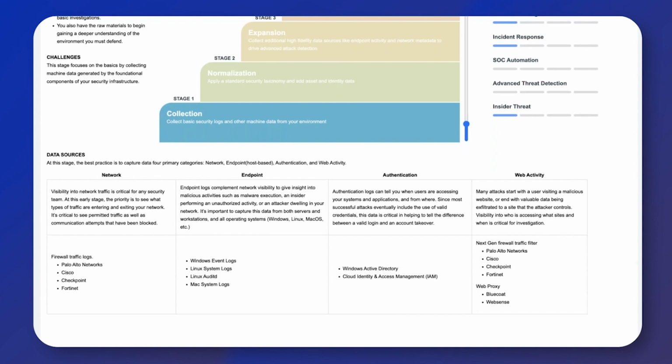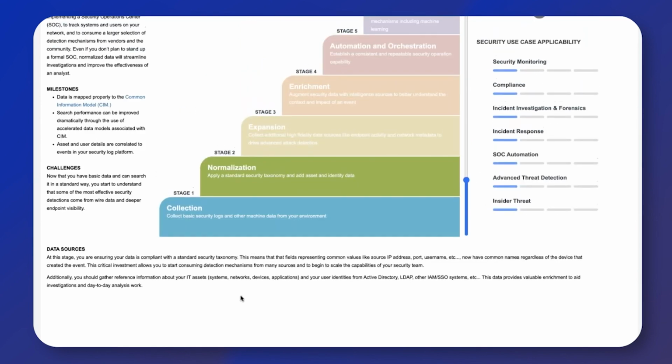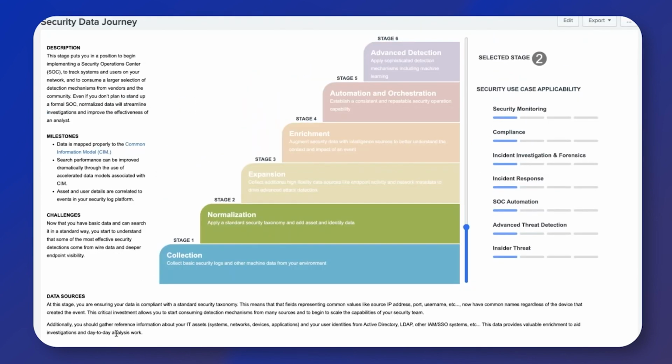So web proxies, email proxies, those are key things to get started with in security. And making sure that we've got the right security data sources in to provide the most valuable content and deliver the most out of your logging and monitoring solution, right? So this stage is all the collection, and then when we move to normalization, the milestones change, the challenges change, the data sources aren't so relevant.